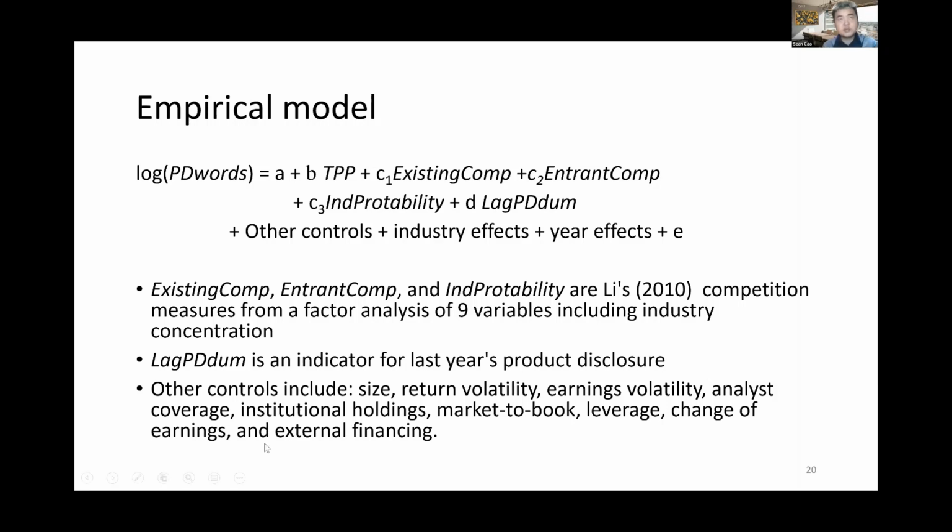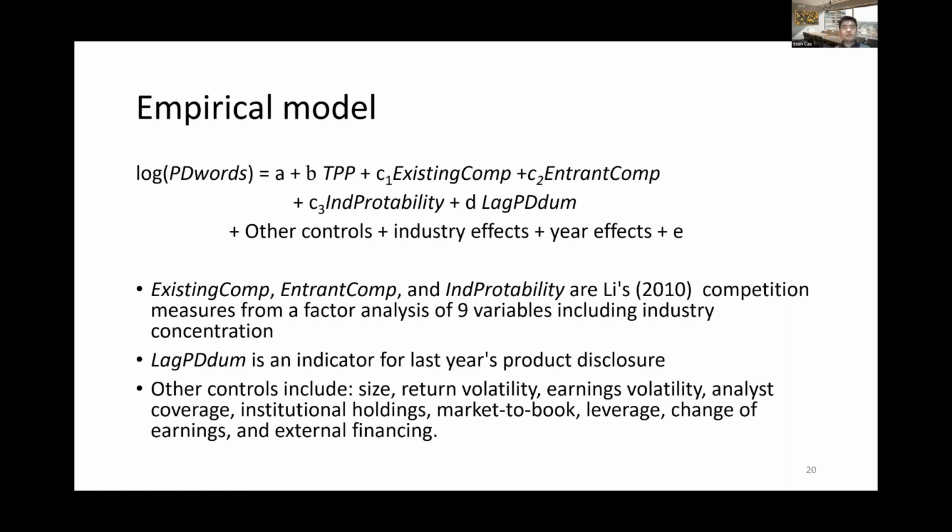So in other words, what do we want to see? If what we said is true, when Commies face high peer pressure in terms of technology, we should see high TPP lead to low product disclosures. So the beta B here should be negative. Let me repeat one more time.